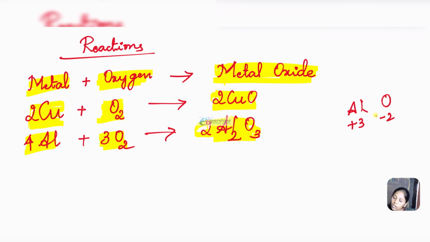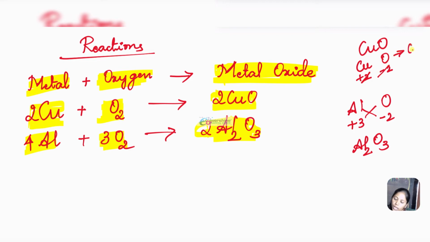Cross multiply this, so we get aluminium oxide as Al2O3. Why should we write CuO only? Because copper has plus 2 valency, oxygen has minus 2 valency, plus 2 and minus 2 cancel and form copper oxide. So for copper oxide we write CuO, and for aluminium oxide we write Al2O3. So this is how metals react with oxygen.